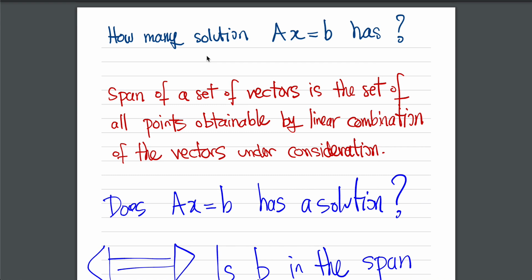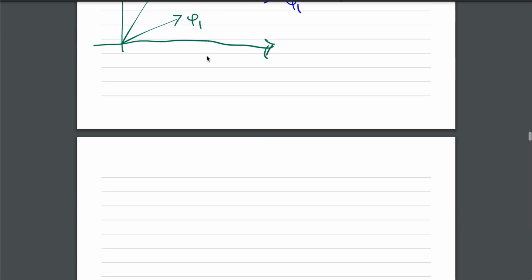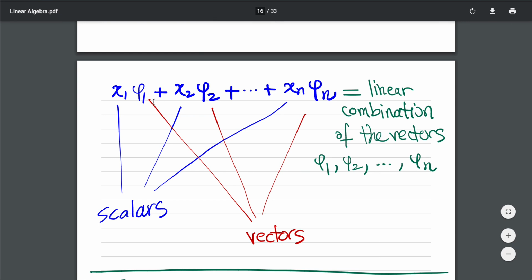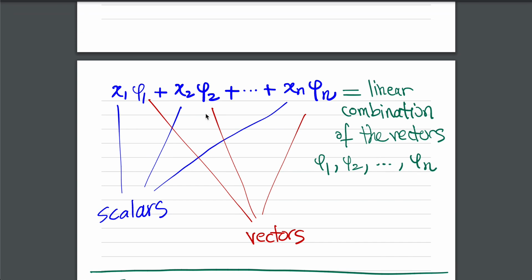So this is a linear combination of these phi1 to phi n. So the span of phi1, phi2, phi3 to phi n is essentially all the points that we can get by having this linear combination with various values for x1, x2 to xn.